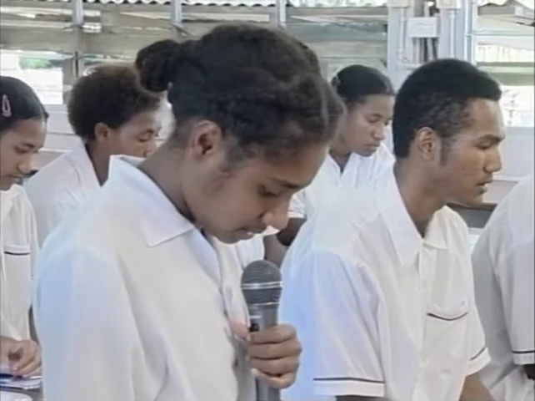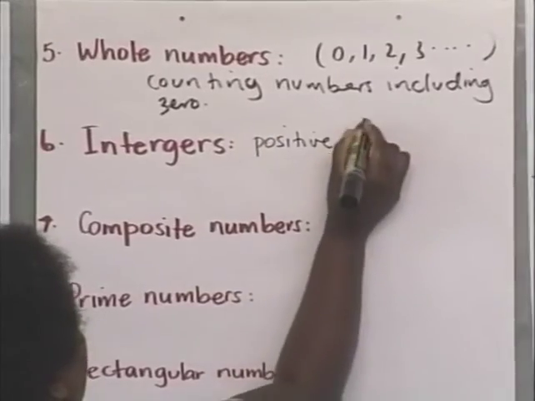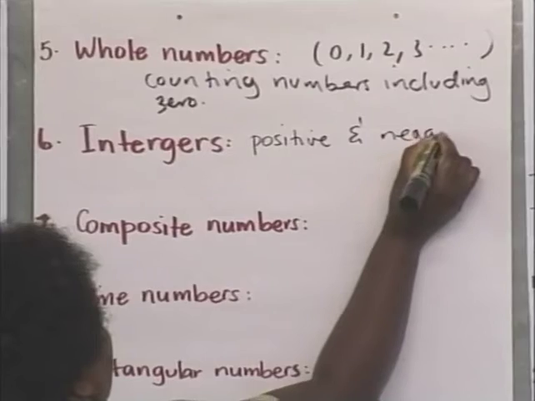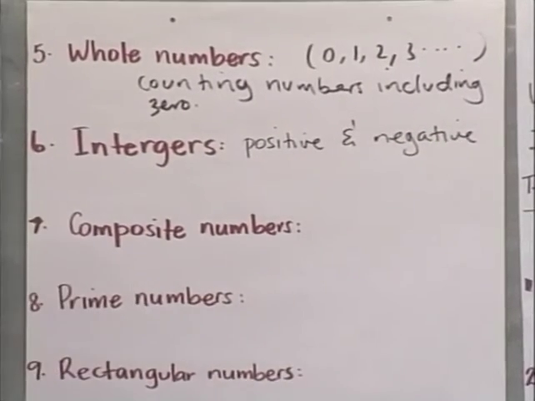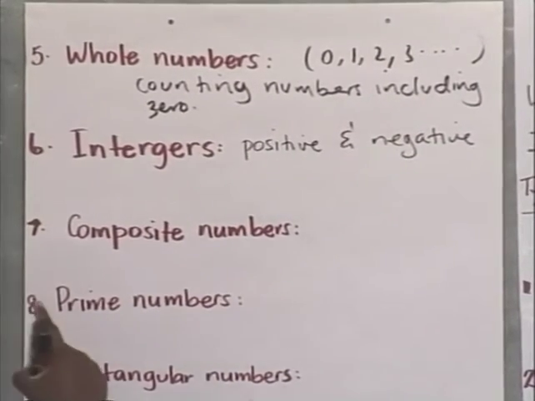Integers are positive and negative numbers that include the number 0. In other words, positive and negative whole numbers.